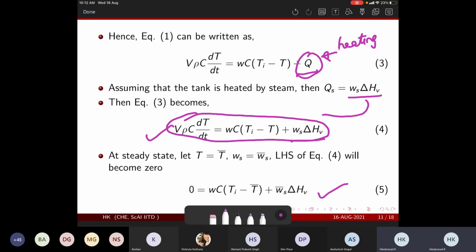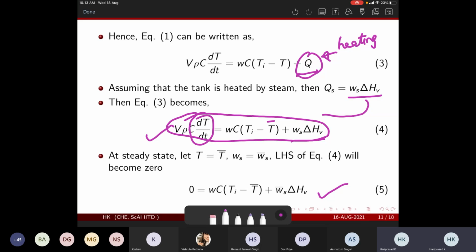So what we could do is figure out the steady state equivalent of this. The steady state equivalent can be found by equating the left hand side to 0, because there is no variability with respect to time. Okay, so then there is T bar.